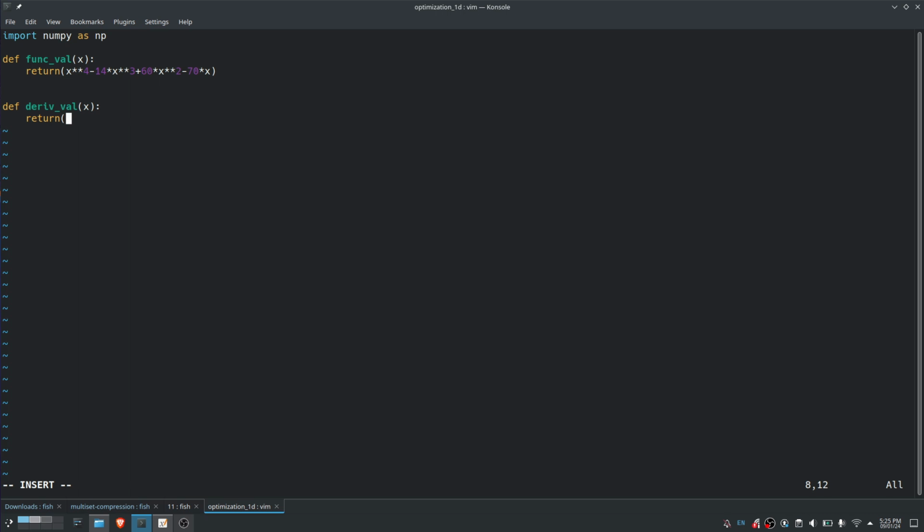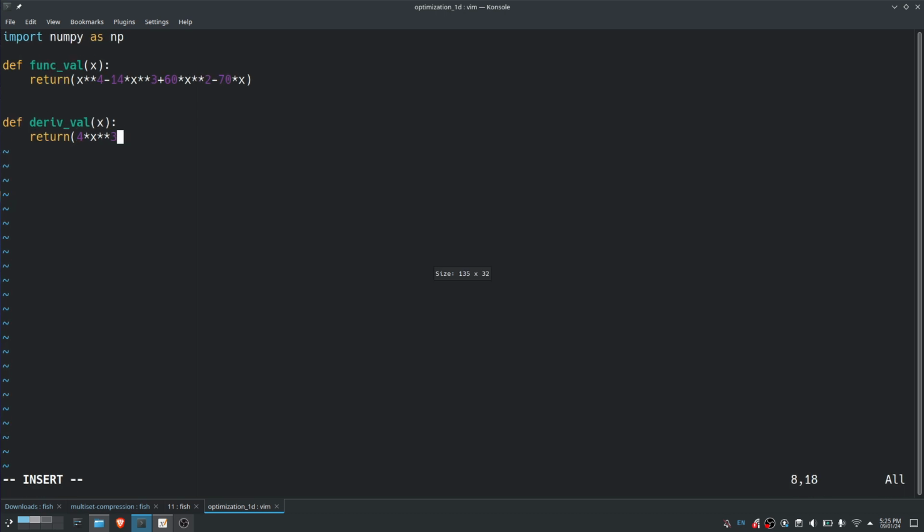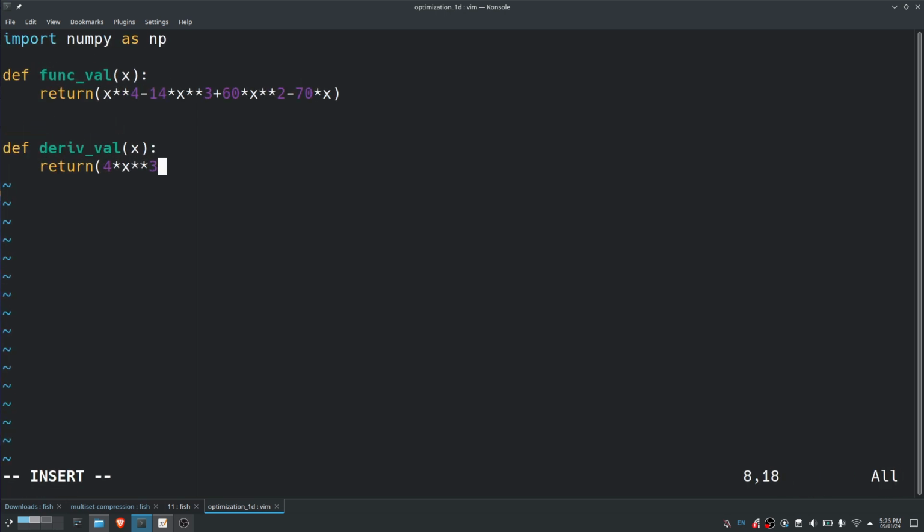What is the derivative equal to? 4x cube minus 42x square plus 120x minus 70. Can you see this? It's not clear. Right?